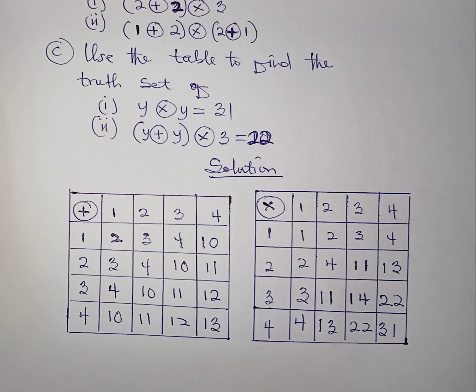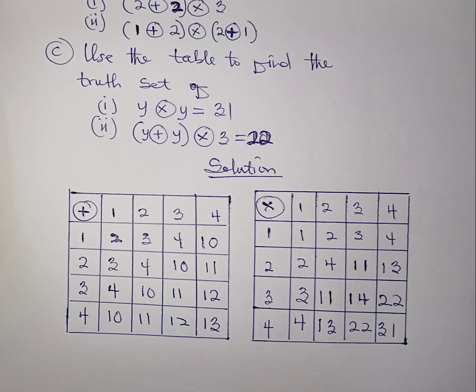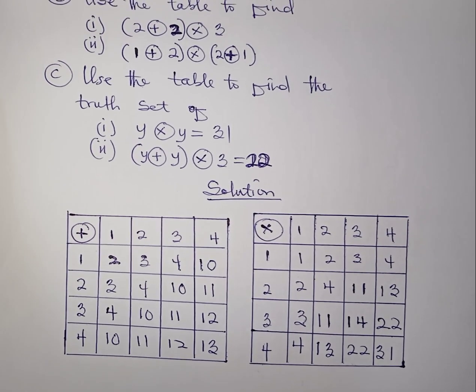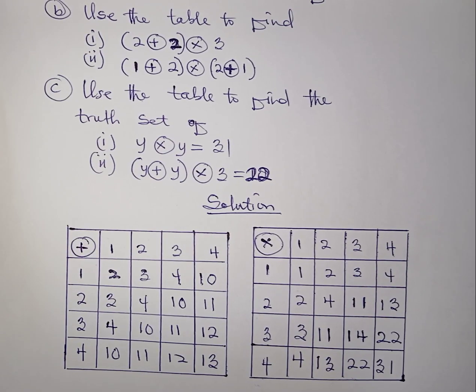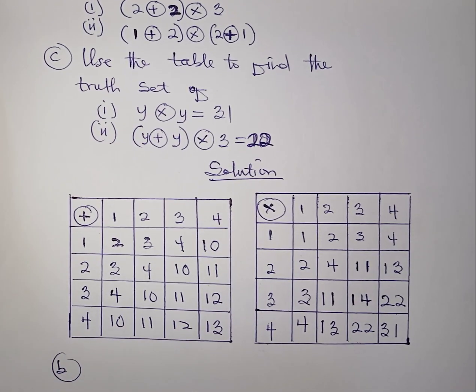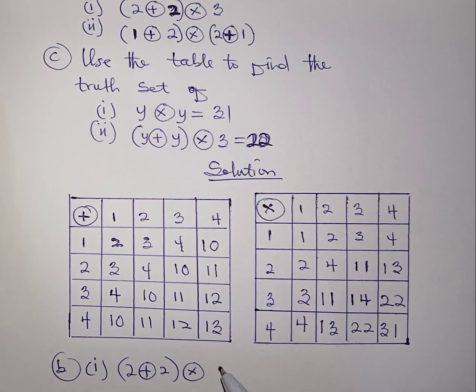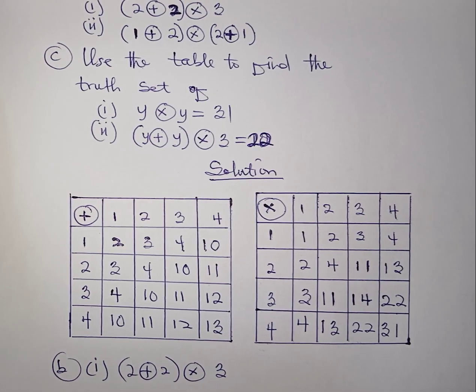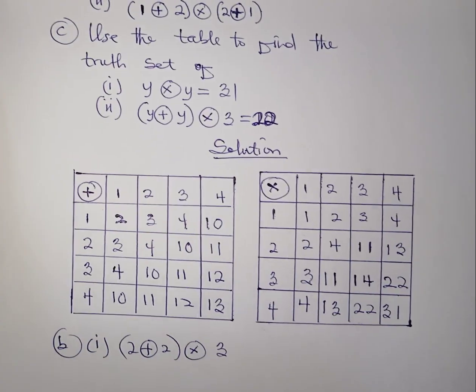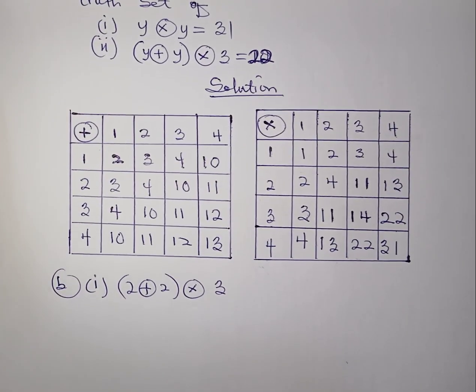So once we are done with the tables, we can proceed to find the answers we are asked to find. For the B part, we are to find 2 plus 2, times 3. As I said, always do what is in the bracket first, and we are going to use the same table.